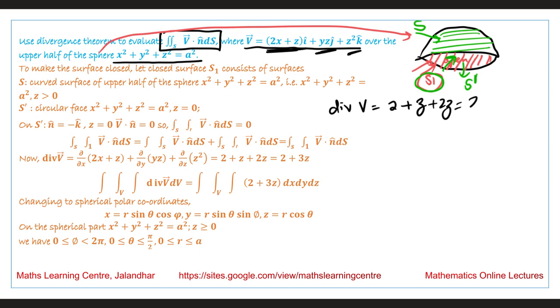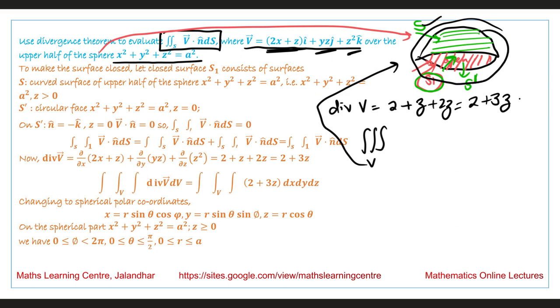So it is 2 plus 3z. So we obtain the triple integration over V, where V is the volume bounded by this whole surface S union S dash, and the integration is of 2 plus 3z into dx dy dz.